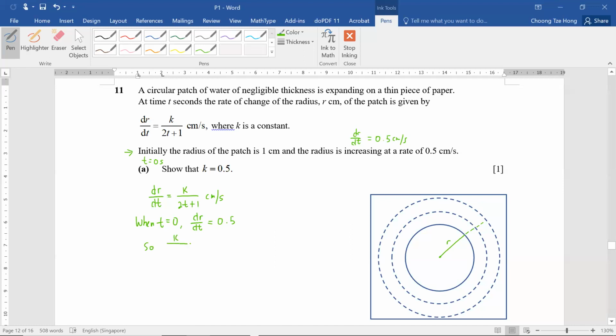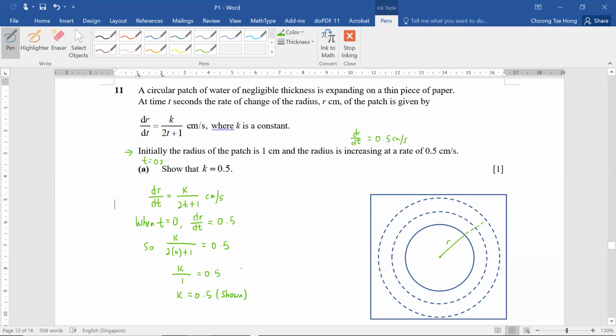Remember now t is 0, so we replace t with 0: k over 0 plus 1 equals 0.5. So k over 1 equals 0.5, which means k is equal to 0.5. We have successfully shown that k is 0.5.